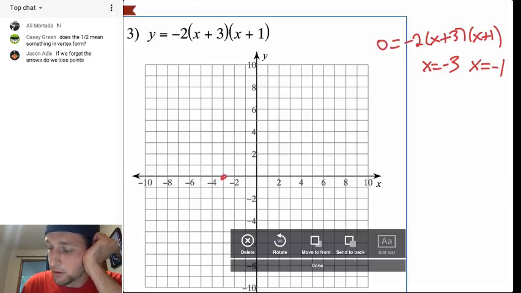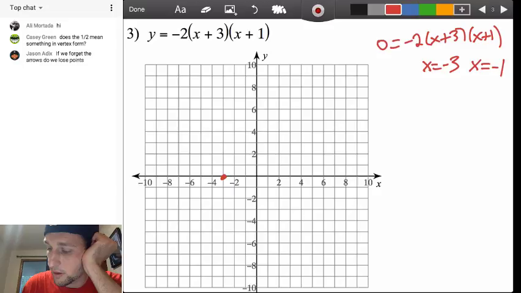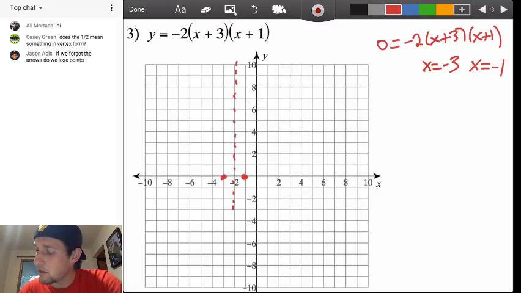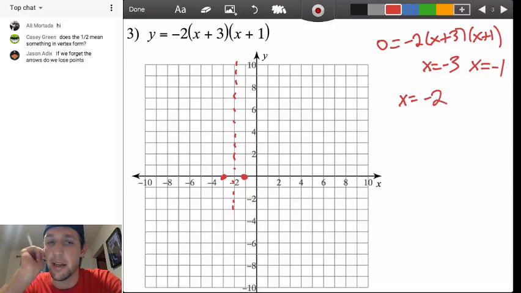I'm having real trouble making dots here. Did it that time. Okay, so there's -3 and -1. The next thing that's really awesome is because we know symmetry works, we know our axis of symmetry has to be right in the middle there. So that means our x value of our vertex is -2. You're basically taking the average of -3 and -1.